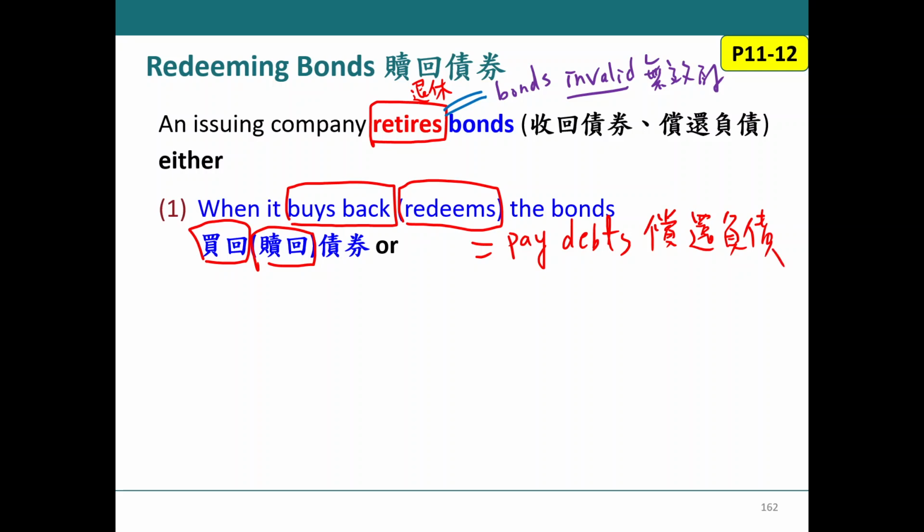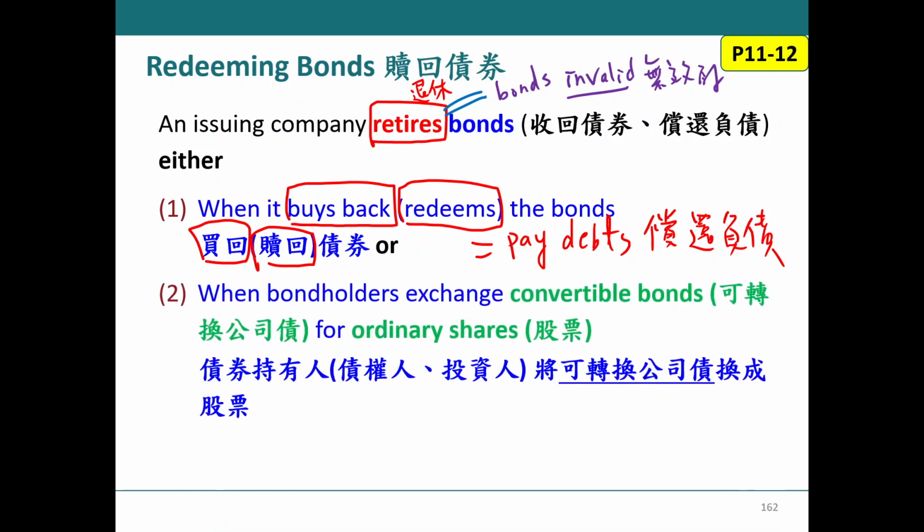So when you pay debt, pay the money back to the creditors, your bond is invalid, right? So this one is a simple situation. When we pay the liability back, then we don't have the liabilities anymore. Since you don't have the liabilities anymore, of course, your bond is invalid, okay?